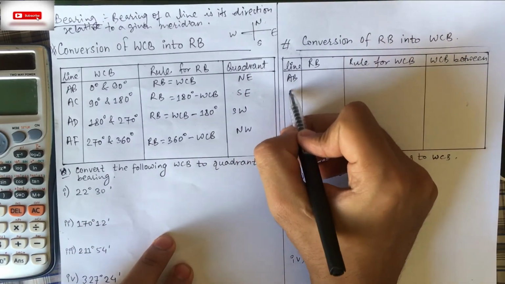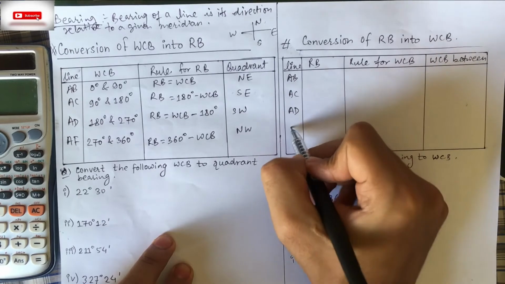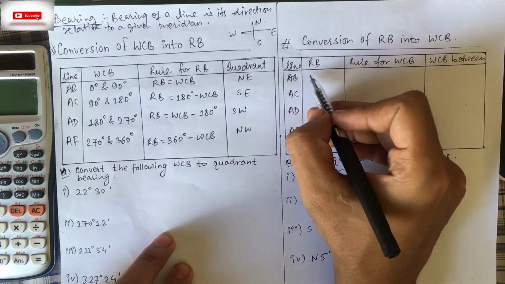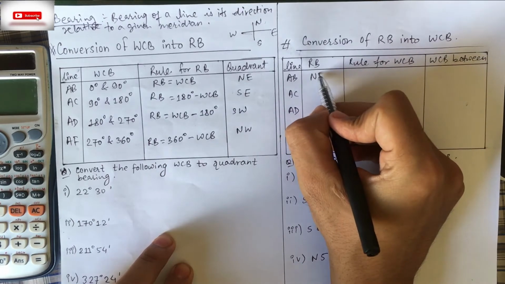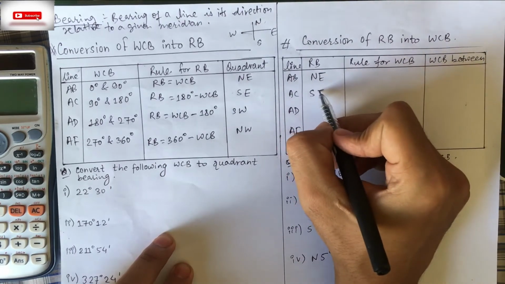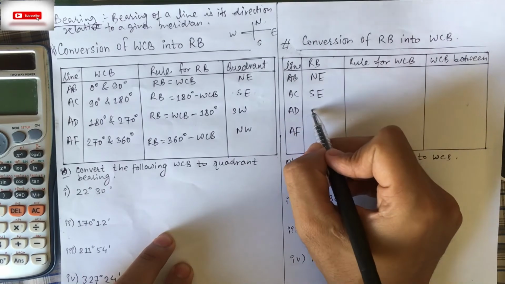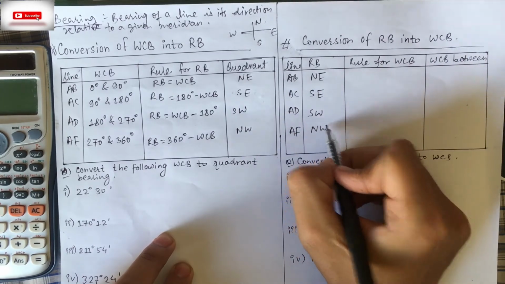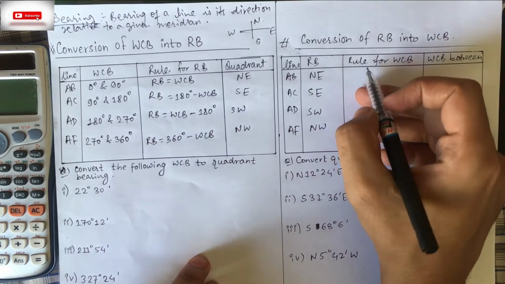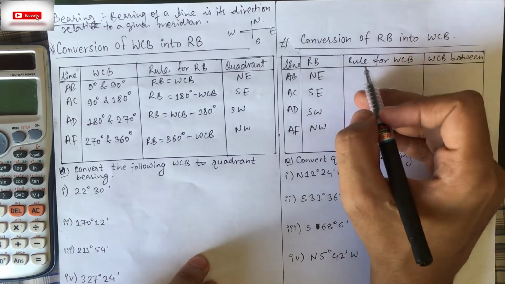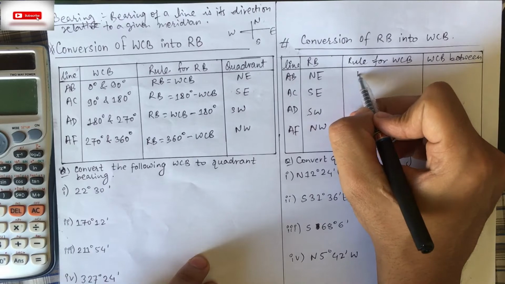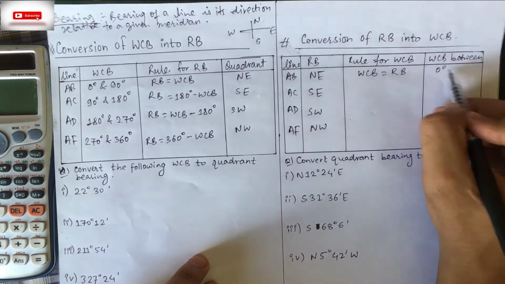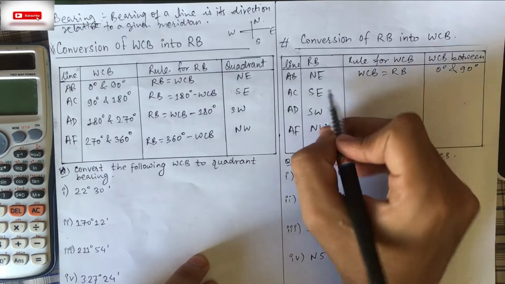Okay, let's write for this also. Lines AB, AC, AD and AF, and our reduced bearing. Here let's write AC, and for this southwest, northwest. And rule for WCB: for northeast we'll write WCB is equal to RB, and this will be 0 degree and 90 degree.